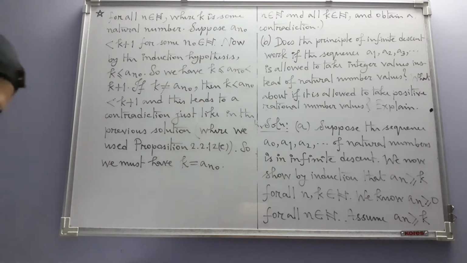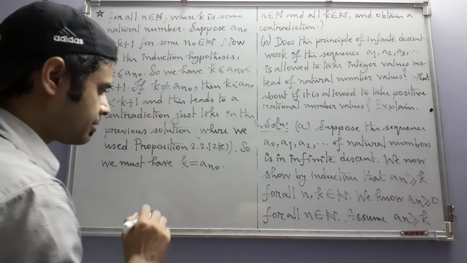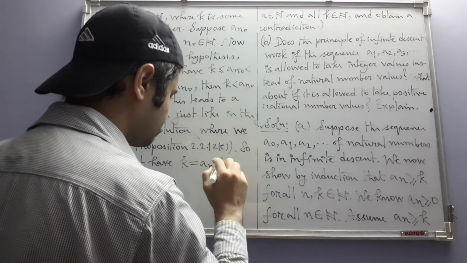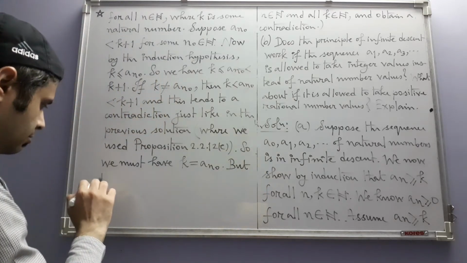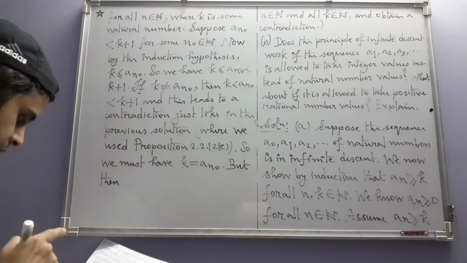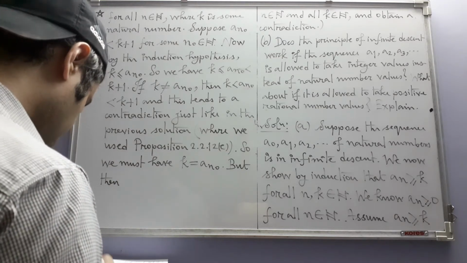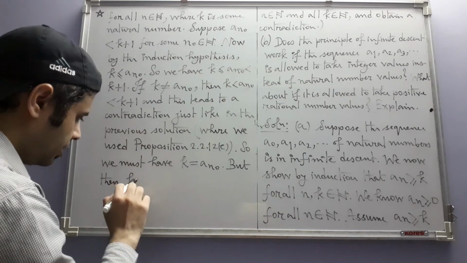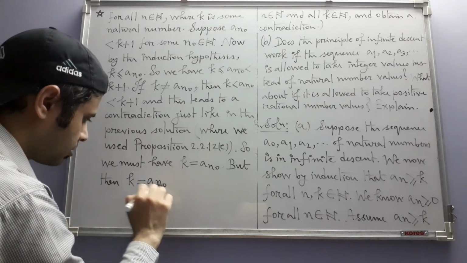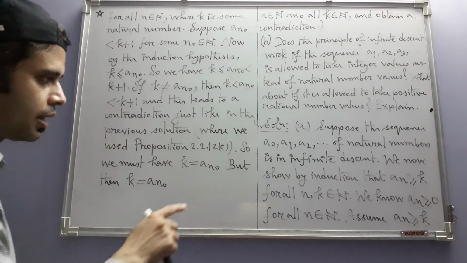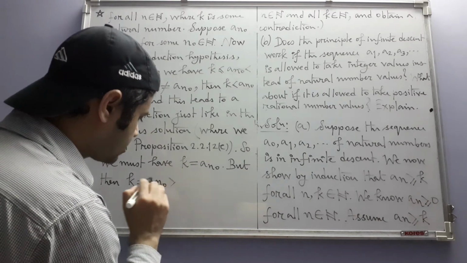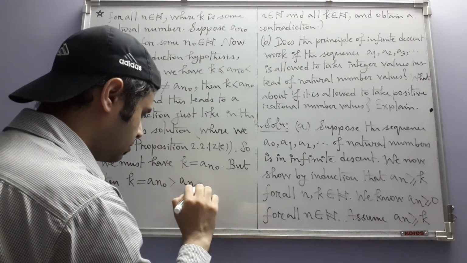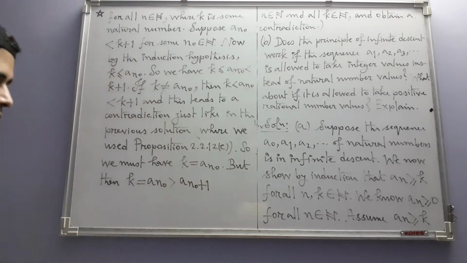But then if k is a_n0, what else can we say from this new situation? But then this new contradiction arises. k is equal to a_n0, keeping in mind that our original sequence a_n is in infinite descent, so the next term a_n0 plus 1 will be strictly less than a_n0.